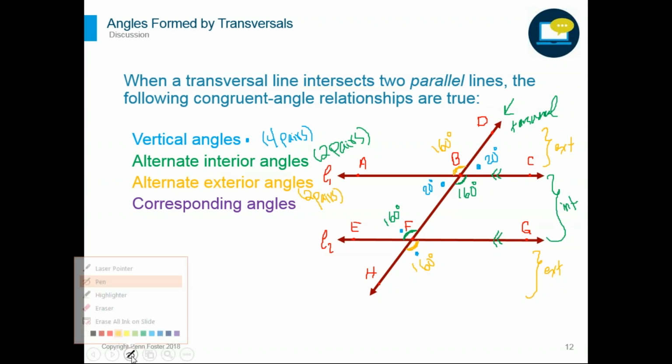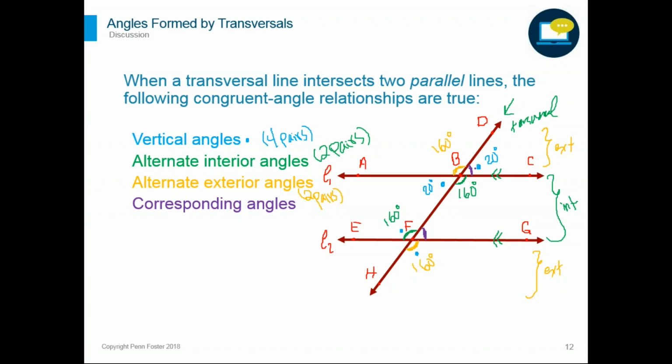The last one I want to go over is corresponding angles. Corresponding angles have corresponding positions on both lines. So this angle here, in purple, and this angle are corresponding angles.